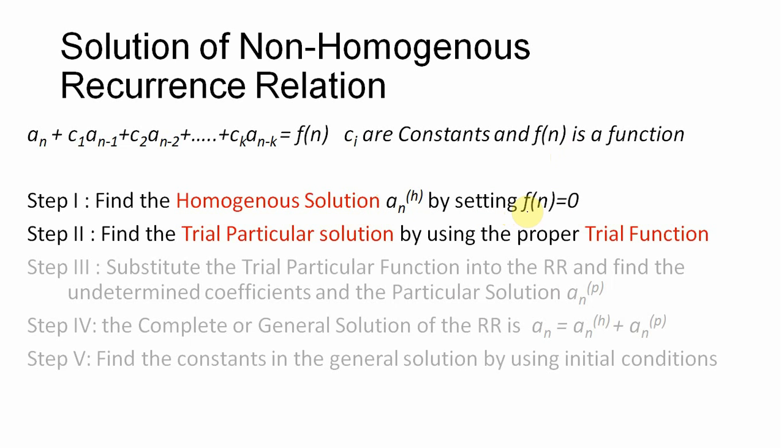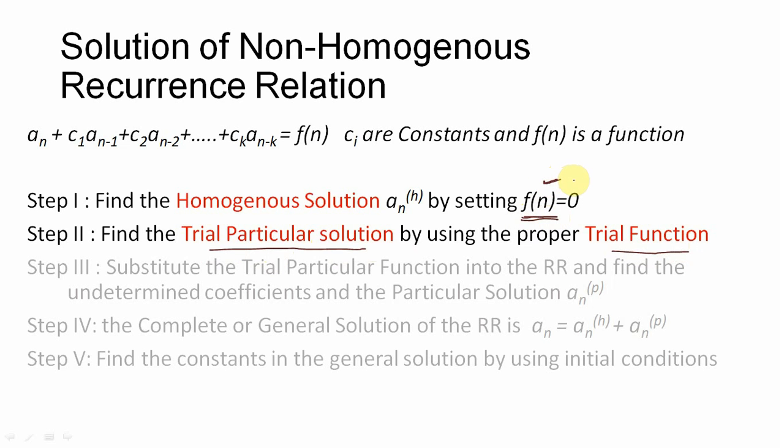Once I have obtained the homogeneous solution, I will look at the function f(n), and we will find the trial particular solution by using the proper trial function.